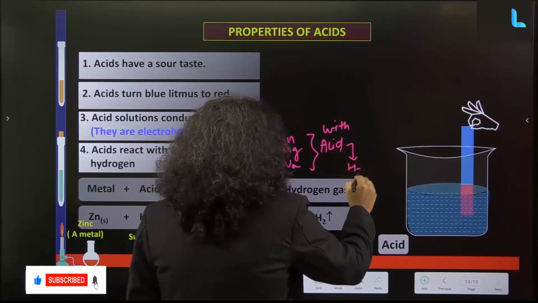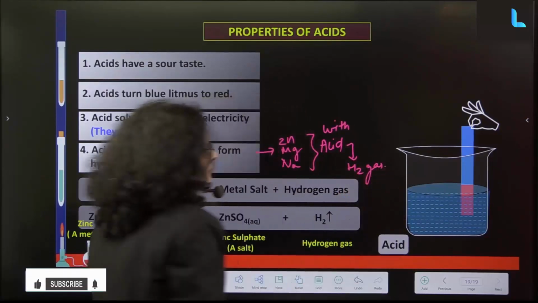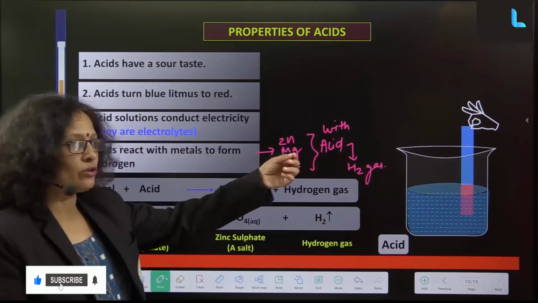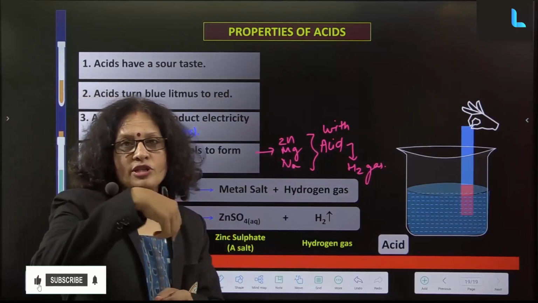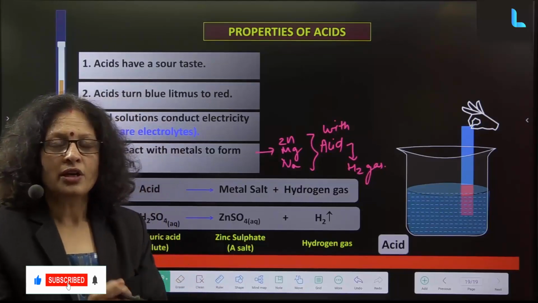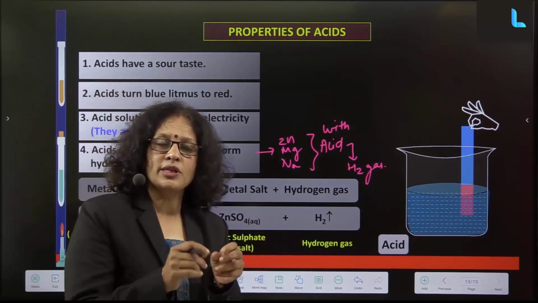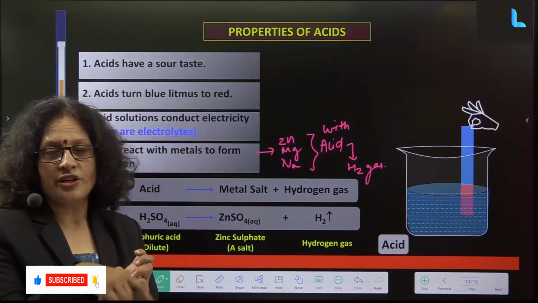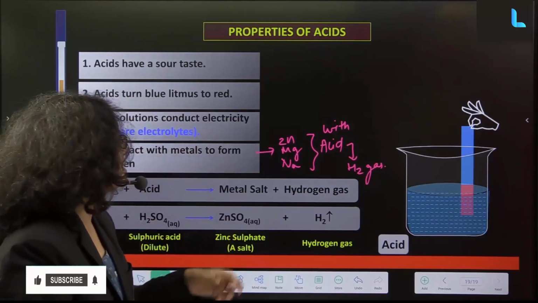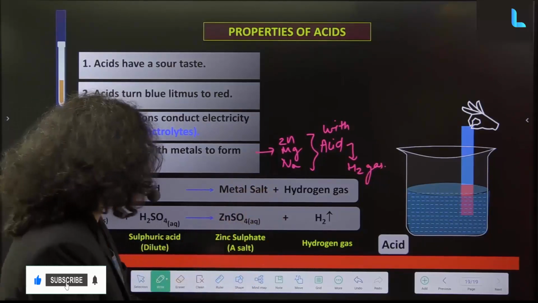You can see a piece of sodium, when added to acid in the test tube, start moving very fast. Why? Because it is an exothermic reaction, and hydrogen gas starts bubbling. Heat is generated, so the piece moves very fast and the gas bubbles up.